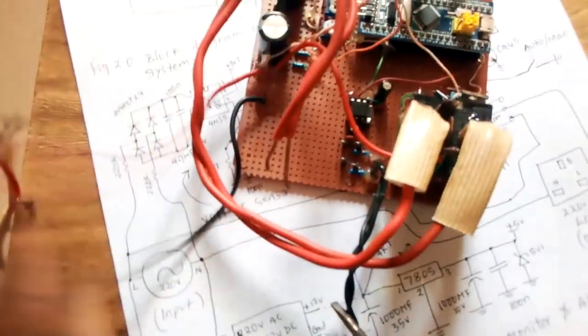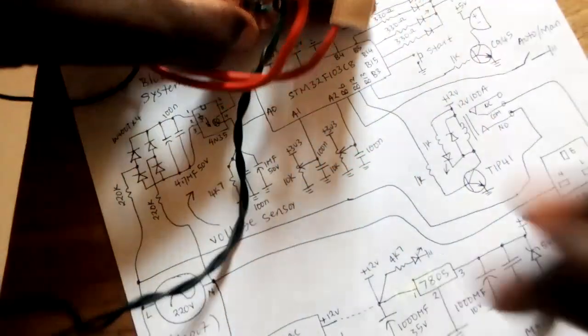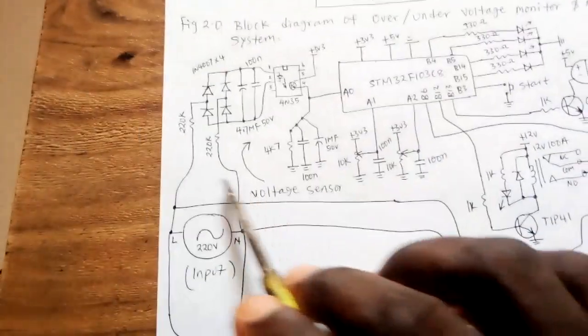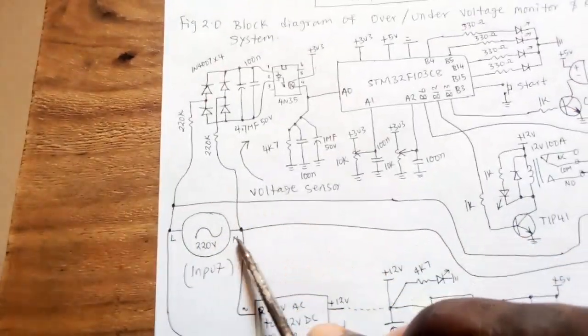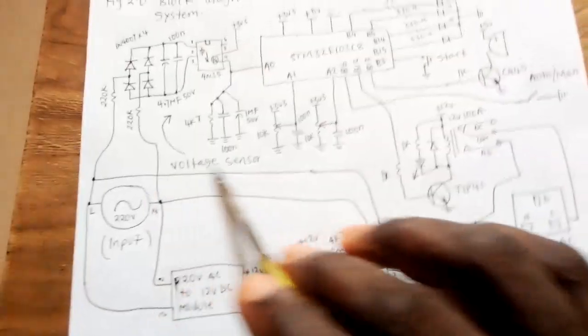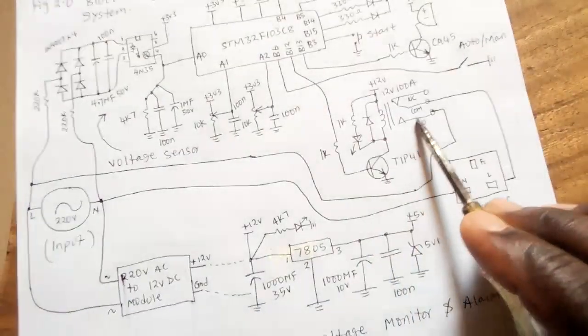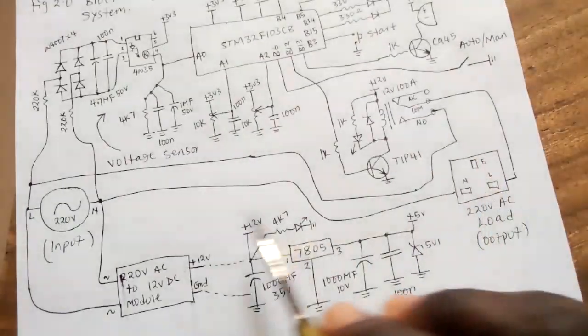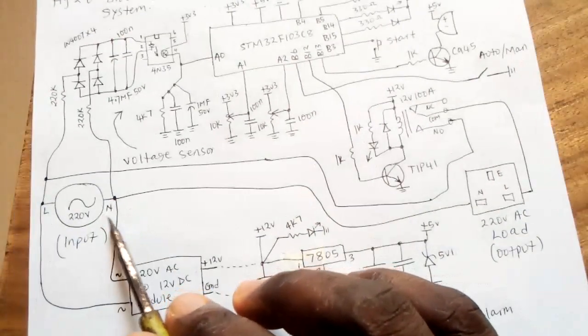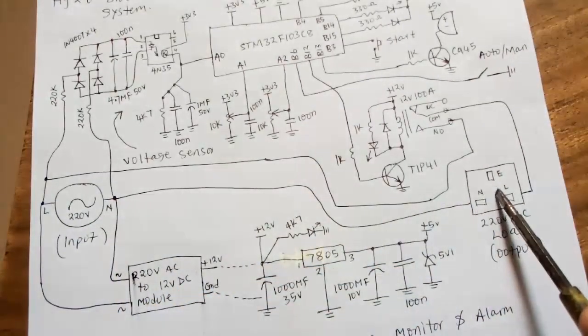This one you have here is the one going straight to the incoming 220 volt AC. So this is your AC voltage source. You see the wiring here: your relay is connected in series with the load and the source. This is your source and this is the load.